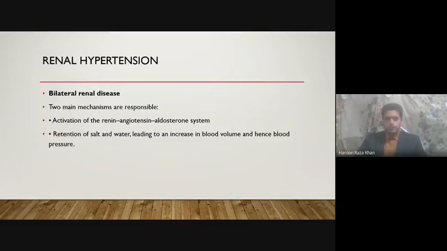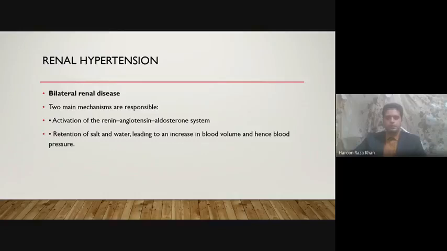The plasma renin then carries out the conversion of the angiotensinogen released by the liver to angiotensin 1. Angiotensin 1 is subsequently converted to angiotensin 2 by the angiotensin converting enzyme, or ACE for short. This is found on the surface of vascular endothelial cells, predominantly those of the lungs.